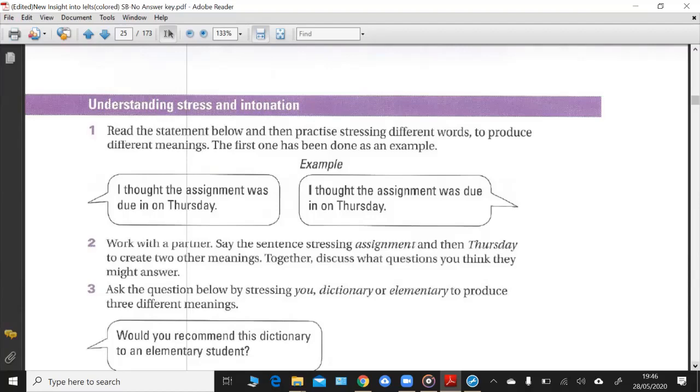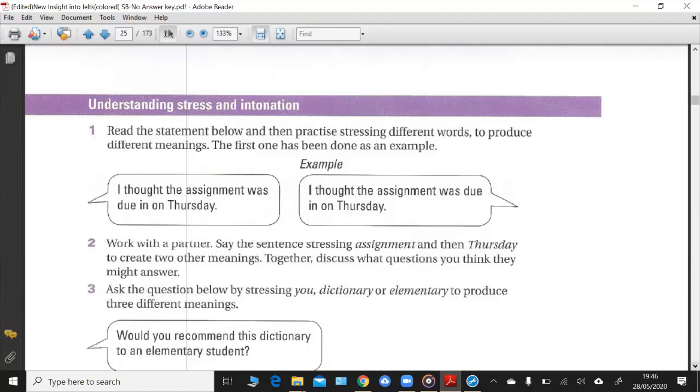Okay, number 2. Work with a partner. When you say the sentence, stress assignment. Wait a minute, please. When you say the first example, put the stress on assignment, okay?